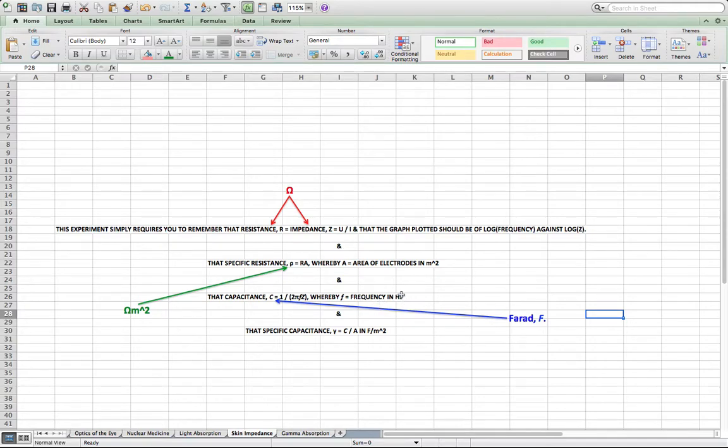As I mentioned here, frequency in hertz, so they could give it to you in kilohertz or even smaller, millihertz, so you'd have to scale that up to hertz again.